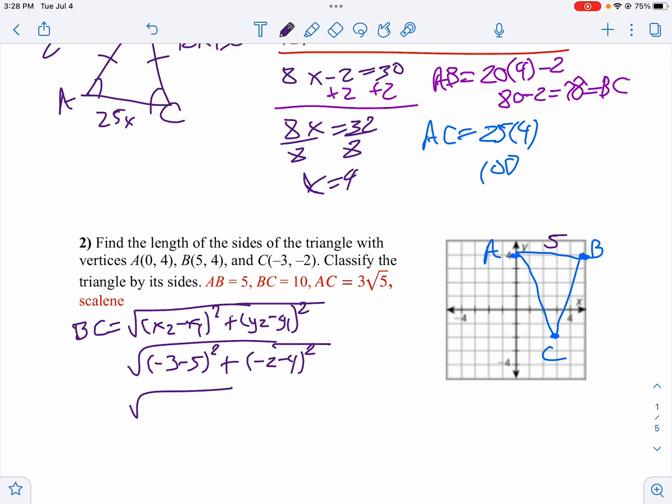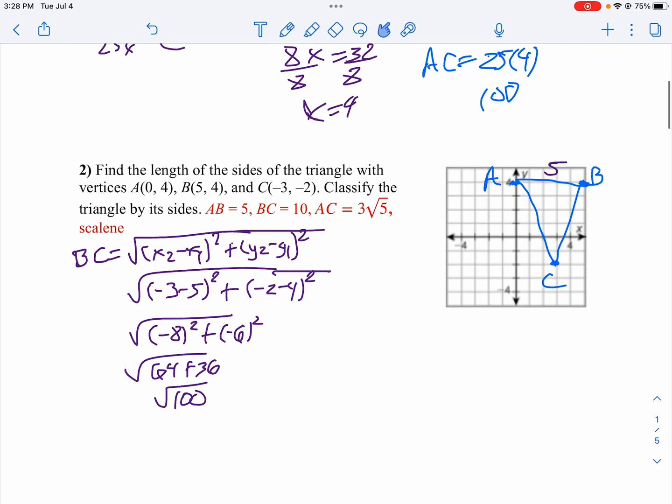So negative 3 minus 5 is negative 8 squared, plus negative 2 minus 4 is negative 6 squared. So that's 64 plus 36, which is the square root of 100, which makes B to C 10. Notice, because B to C is 10, there's no way this can be equilateral because we have two different sides.